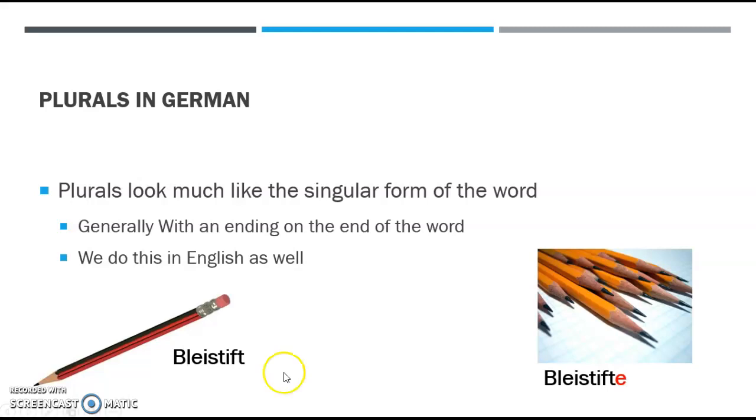So for example, Bleistift is one pencil, and to make the plural, we just add the letter E on the end of the word: Bleistifte. Now each noun in German is going to have an ending. You're going to see ones that pop up more commonly like E, en, s, er. You'll get the hang of it as you start seeing them more and more.